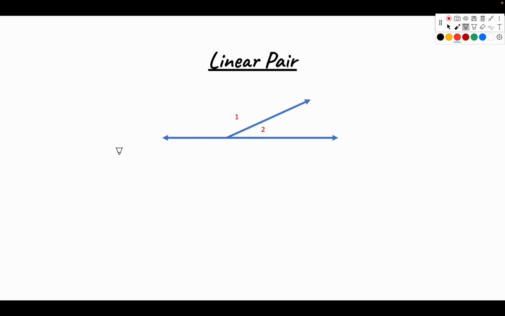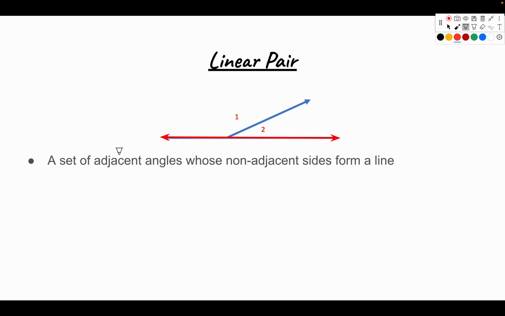Most of our diagrams are going to look like this, in which they are describing a linear pair. So a linear pair, you're going to see a line indicated, like this red line, and the two angles that are formed from that line, meaning a set of adjacent angles, so two angles that are next to each other, or their non-adjacent sides, form a line. Angle 1 and angle 2 here form a linear pair. In this definition, the red represents the two non-adjacent sides.